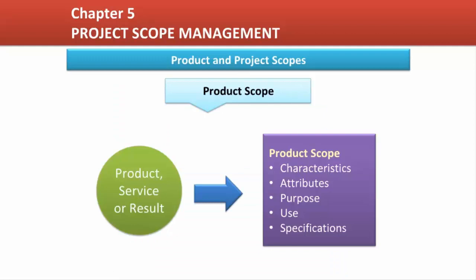Product and Project Scopes. The two scopes are closely related yet serve distinct purposes, so understanding their differences will help us better grasp the scope management processes. Product Scope. The product scope describes the characteristics of the project's final product, service, or result, and we can think of it as describing what we need to produce.